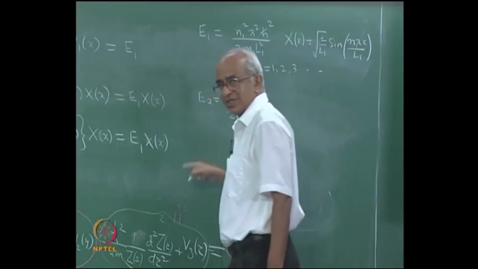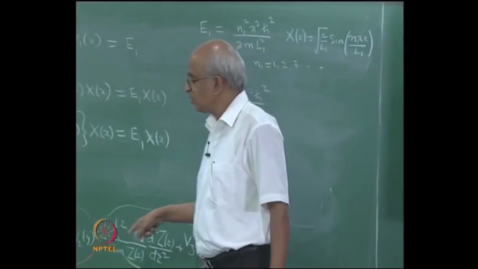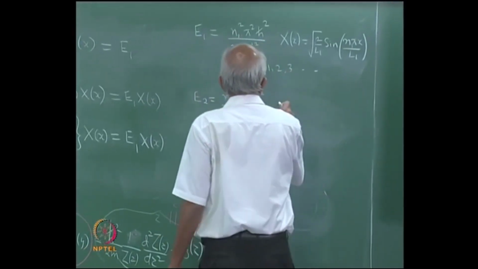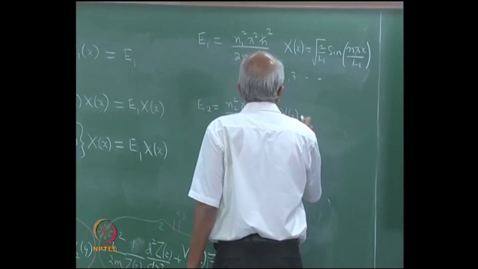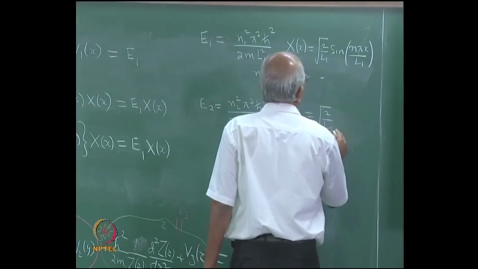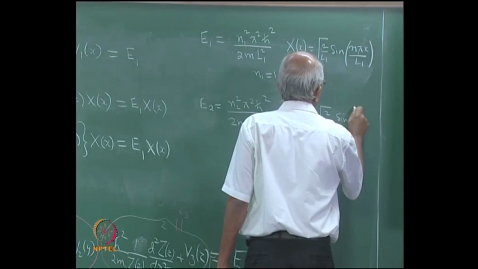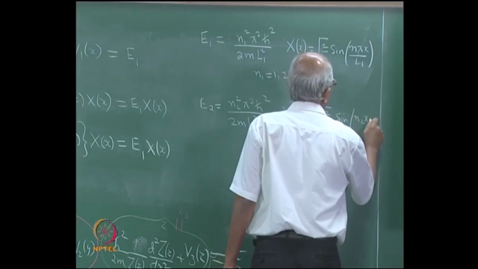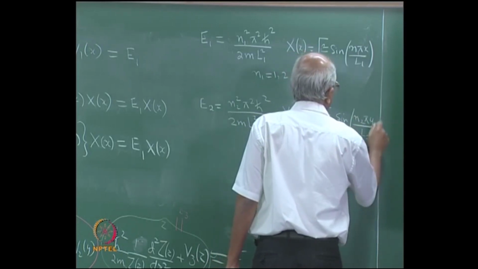The length of the box in that case is different, and capital Y of y will be given by square root of 2 by L2 sin n2 pi y divided by L2.